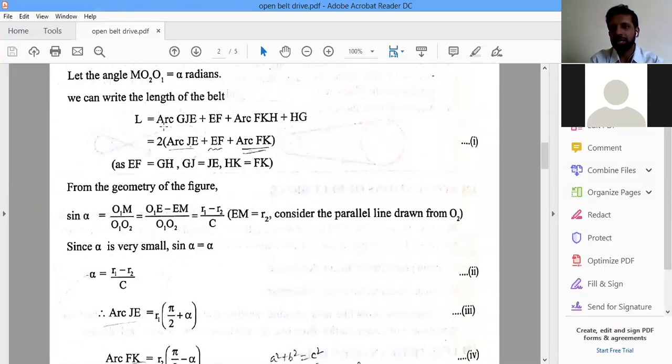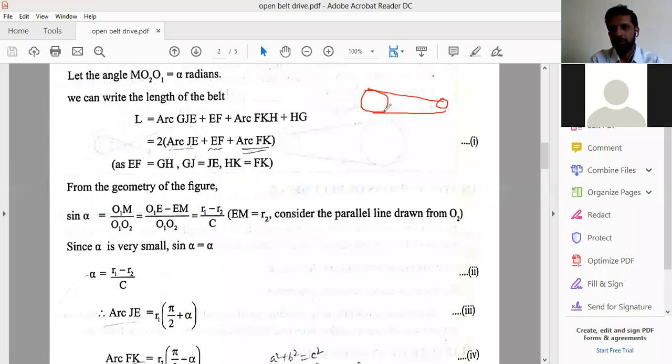Arc GJE, then a straight line EF, and then arc FKH, which is on the smaller end of the pulley, and then again a straight line HG. So I'll just draw a rough diagram over here.